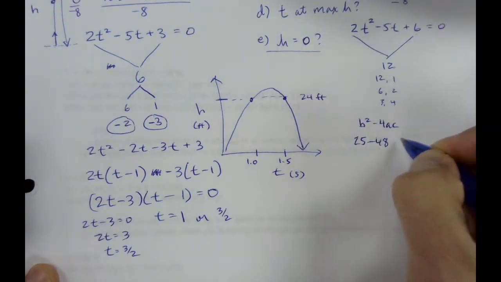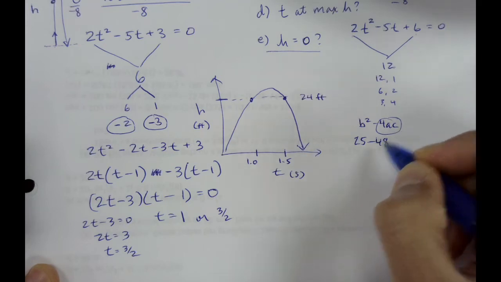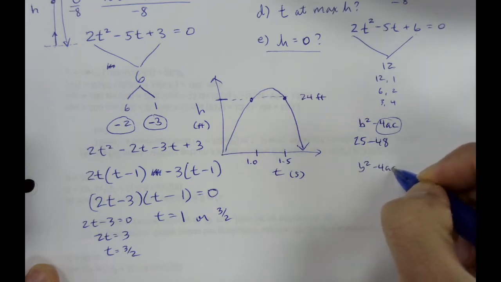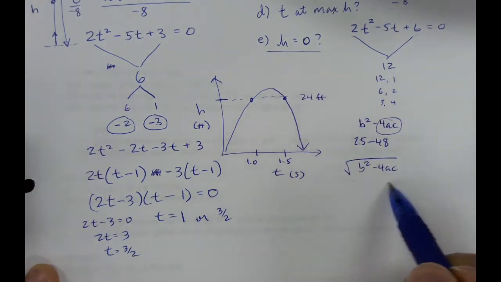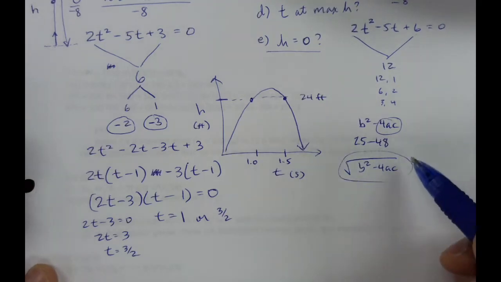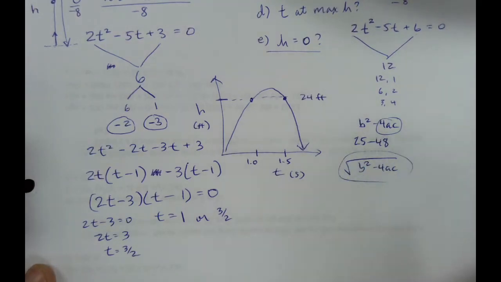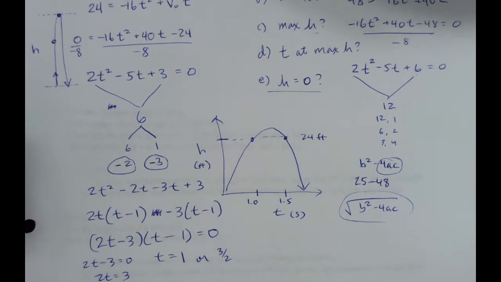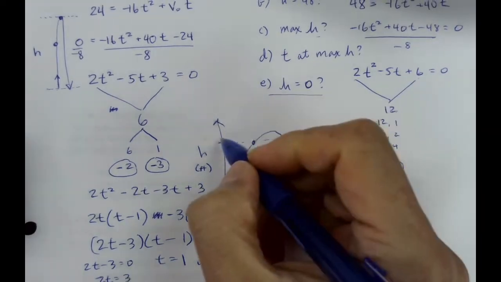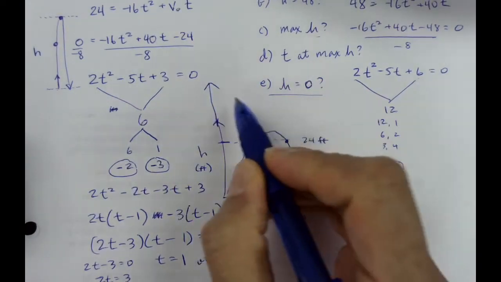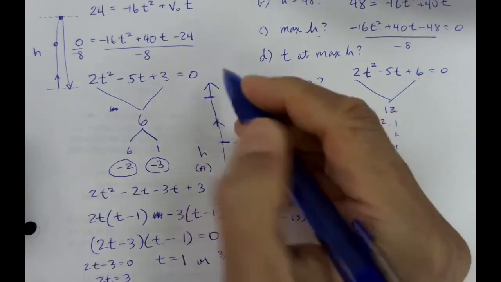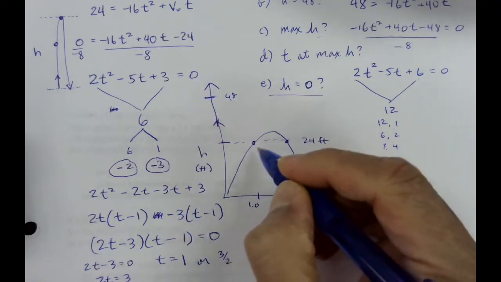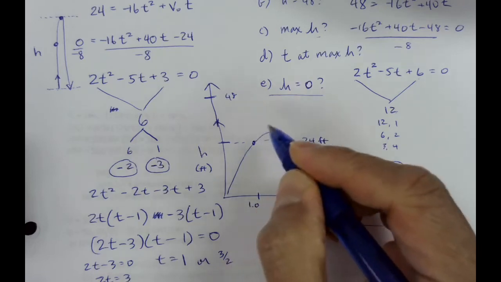Oh, looks like 4ac is bigger, which means that this is going to be less than 0, which means the discriminant is less than 0, which means that the square root of that is imaginary, and therefore this actually has no solution. In other words, 48 is up here, 48 feet, and our ball never reaches 48.